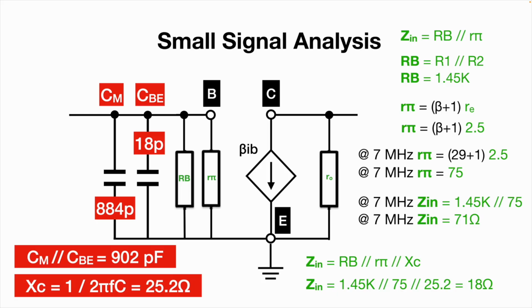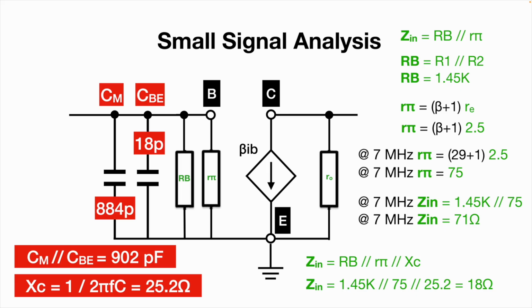Now, you may wonder why there is such a discrepancy between the results that I got on the Nano VNA and the ones that I've calculated myself. When it comes to the resistive part of the impedance, of course, it's a pretty good match. I think it was 74.8 ohms resistance we measured at 7 megahertz, and 71 ohms I calculated, so that's really very impressive.